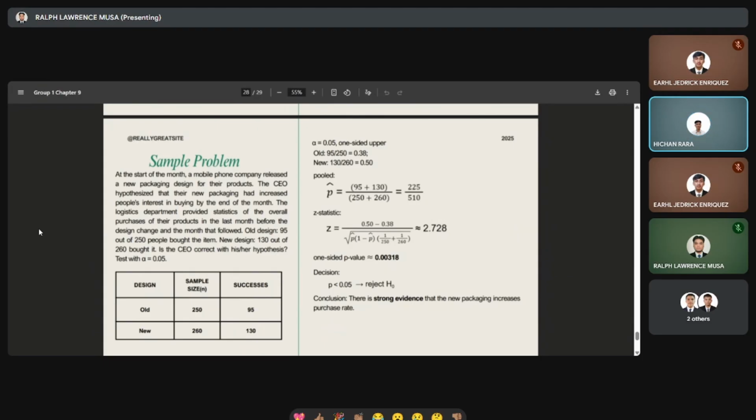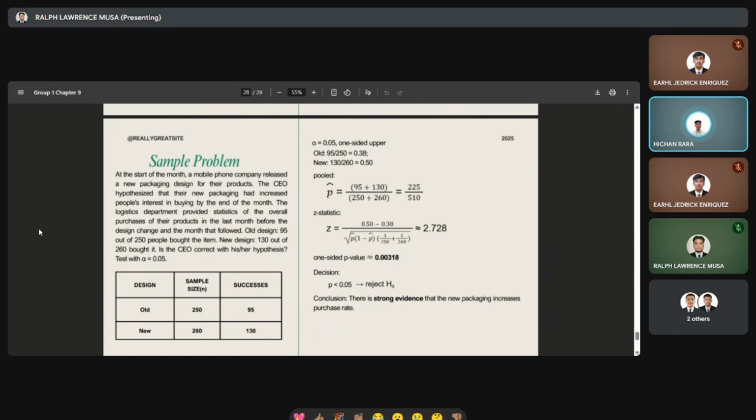Then our pooled proportion is just the sum of the two successes over the sum of the sample sizes, which is 225 over 510, or 0.441.